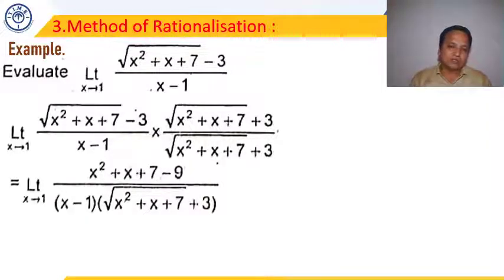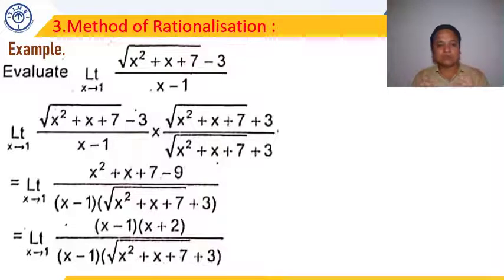Now, further solving the numerator, we factor the expression x square plus x minus 2. When we factor it, it comes out to be (x minus 1)(x plus 2). And the denominator we have is (x minus 1) multiplied by (root of x square plus x plus 7, plus 3).